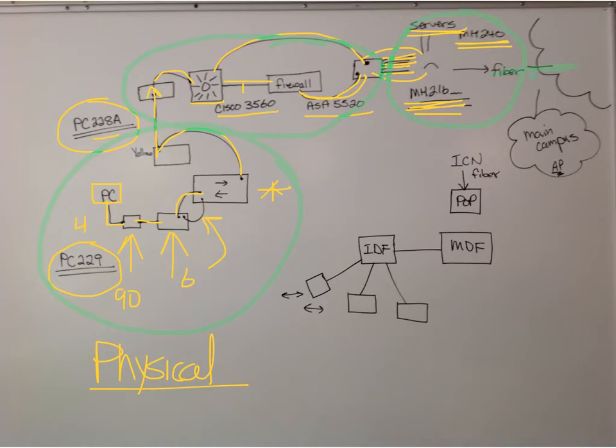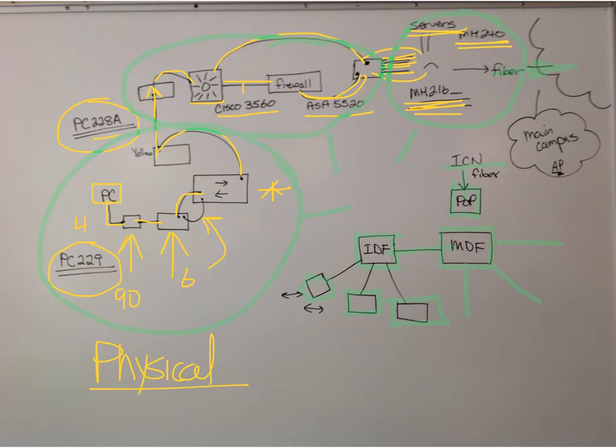So this would be like the MDF here. We've got 3 IDFs, sort of in a chain. What you should have is your MDF, your main distribution facility. You have your point of presence, ICN. We have fiber coming here, and then from here we distribute that out. We have an IDF, and then distribute that out to other IDFs.